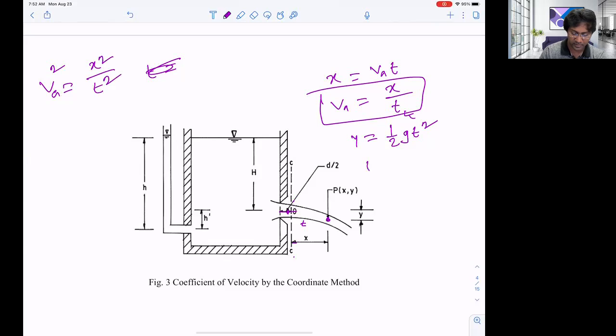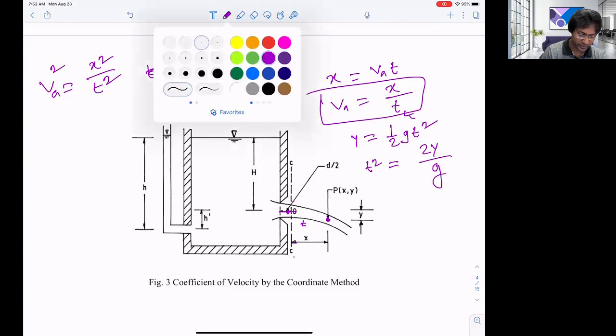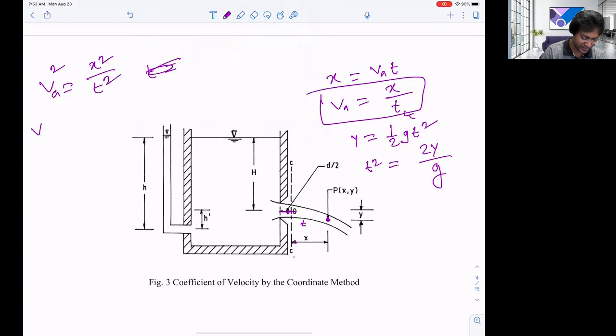From this equation we can calculate the value of t squared, which will be 2y divided by g.